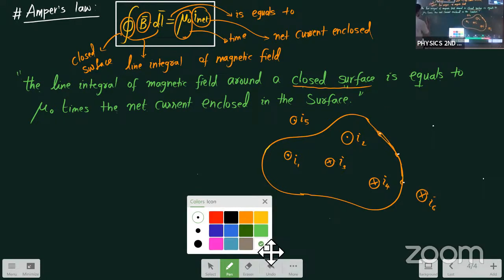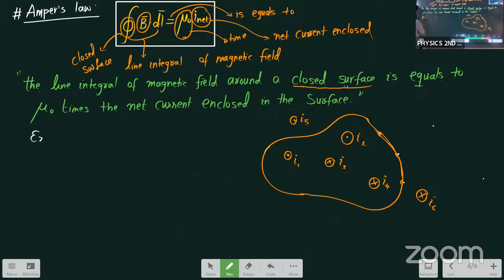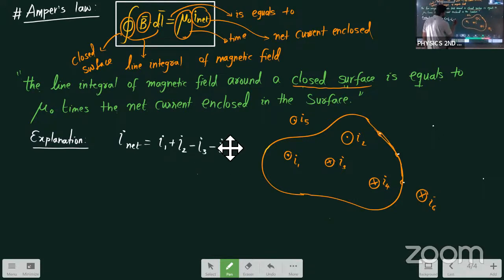I can write the net current. I net is equal to I1 plus I2 minus I3 minus I4.